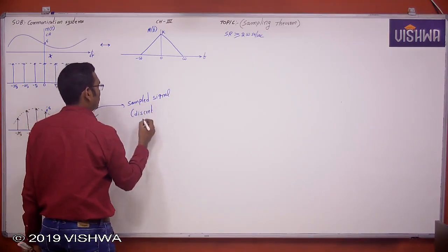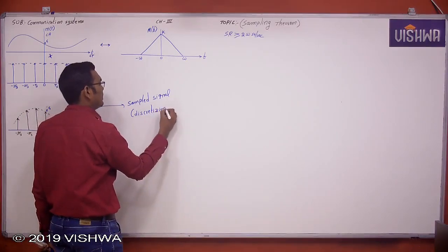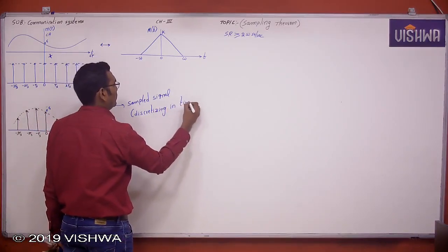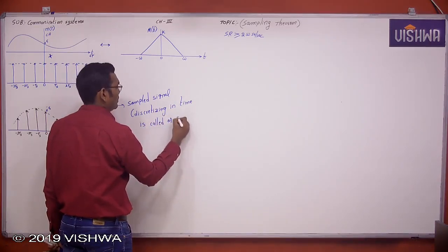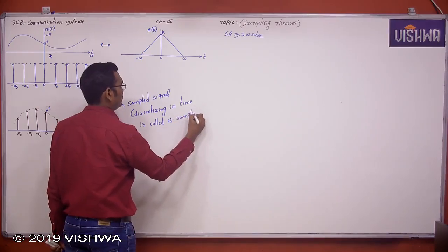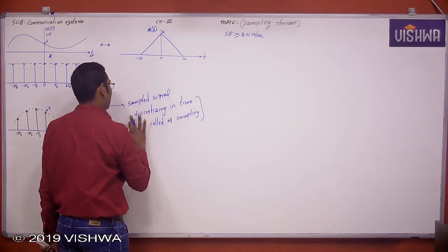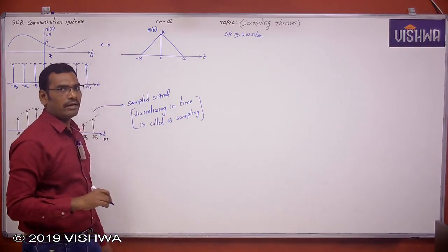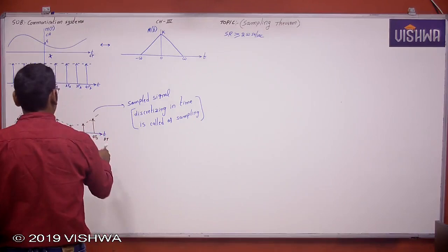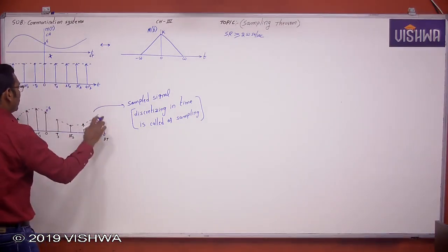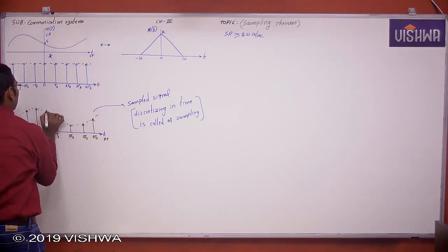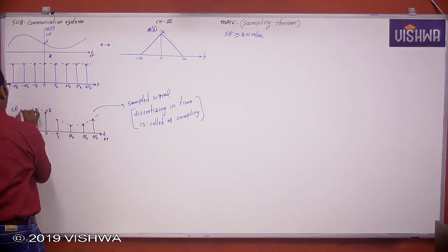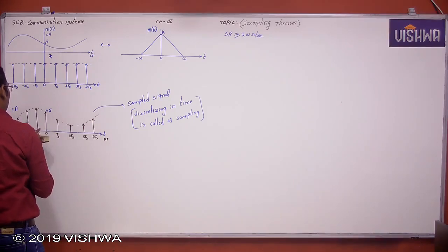Discretizing in time, making time discontinuous, is called sampling. The amplitudes follow the amplitude of the message signal, so it is continuous in amplitude, while time is discontinuous, and this is the sampled signal.